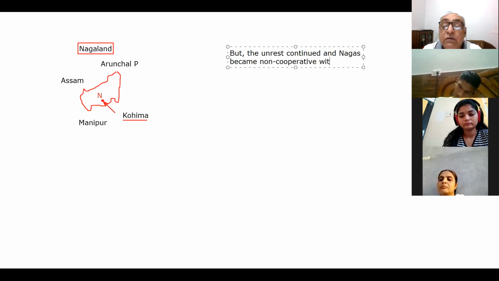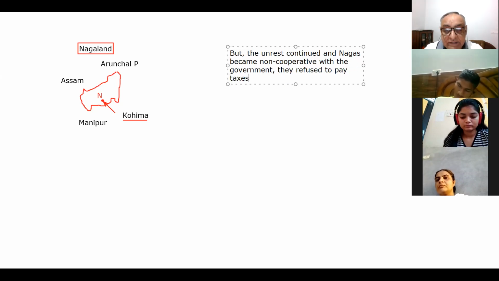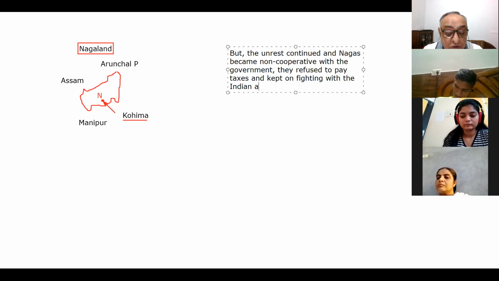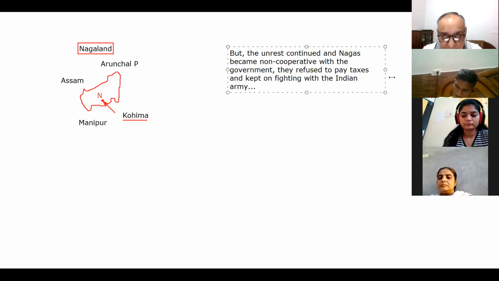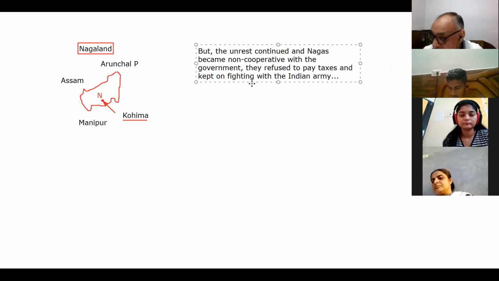They refused to pay taxes and kept on fighting with the Indian army, because the Indian army was deployed in that region. They kept on fighting with the Indian army.